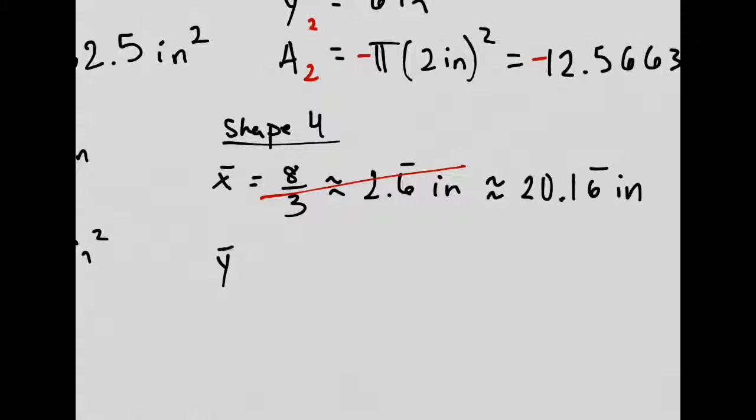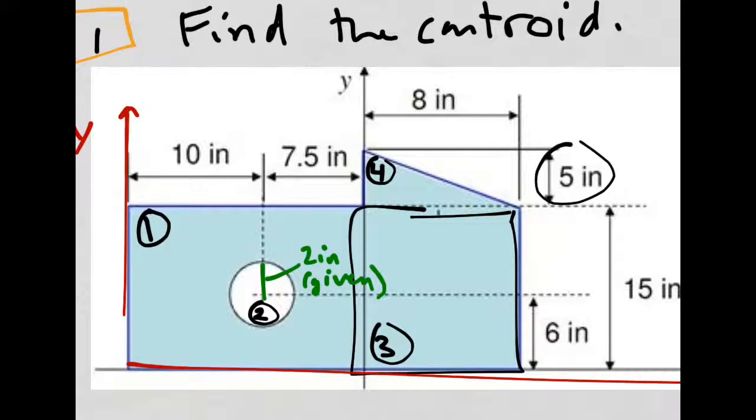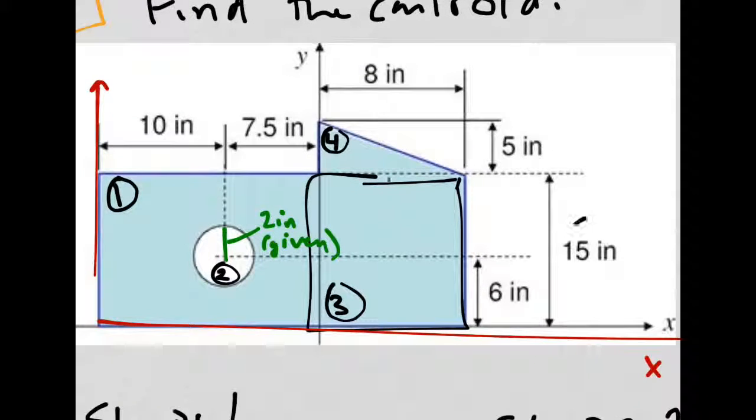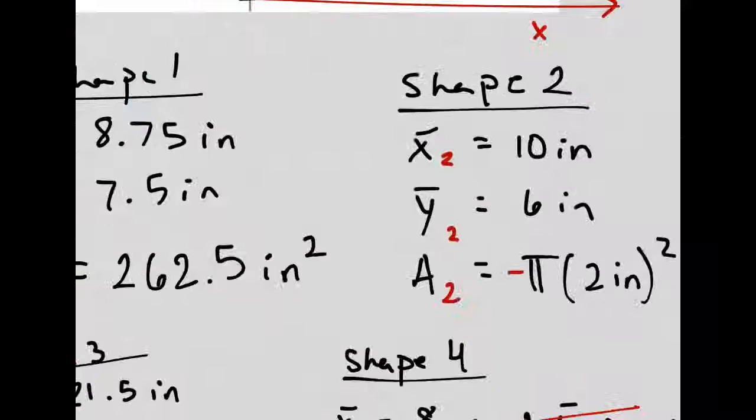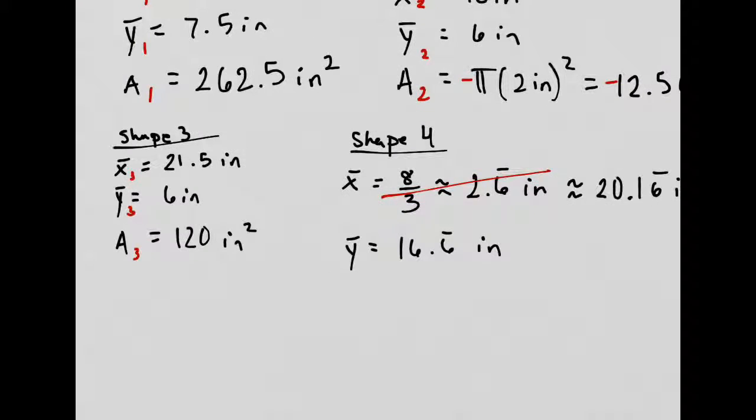Y bar, remember, we'll take 1/3 of the height, which is 1/3 of 5 inches. And that's 1.6 repeating, but then we're going to add it to the 15. And that's 16.6 repeating, 16.6 inches. So there we go.